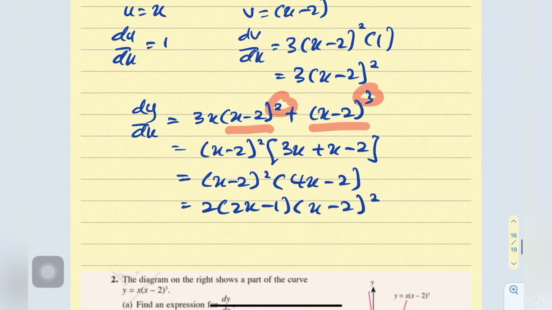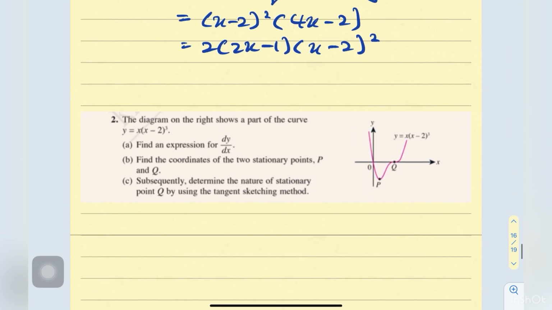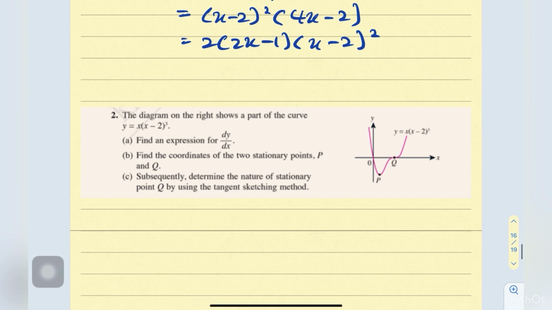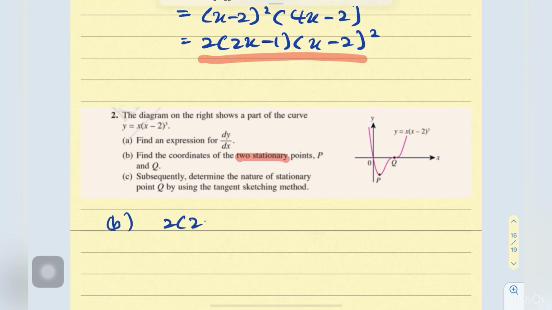Next, question B. Find the coordinates of the two stationary points. Stationary point is the same as turning point, which is dy/dx equals 0. So you have to use the previous answer. Make it equal to 0: 2(2x minus 1)(x minus 2) squared equals 0.